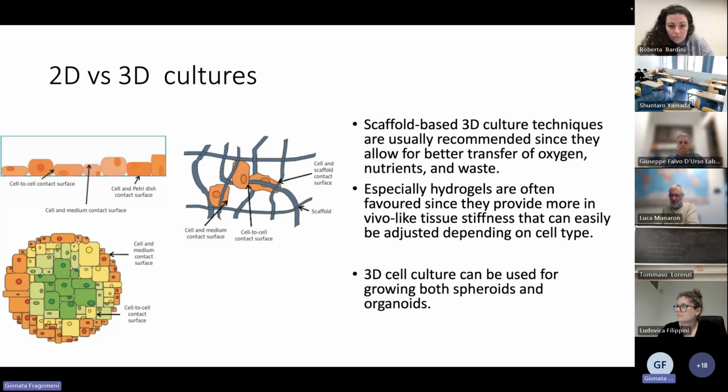There is also another issue. When cells grow in a standard bidimensional culture, they consume growth media and exude waste.